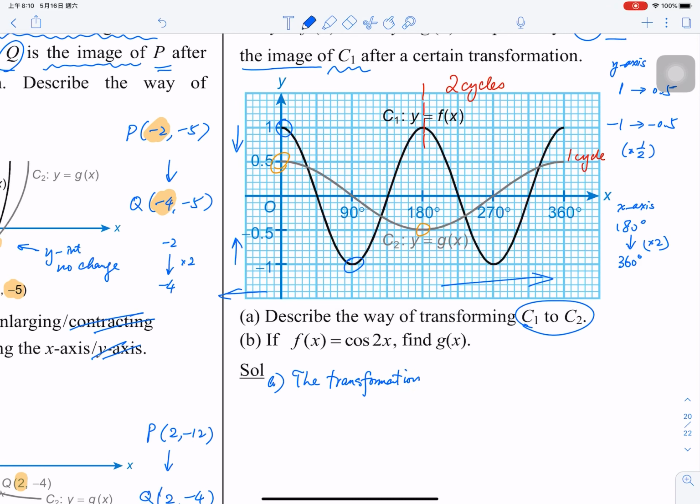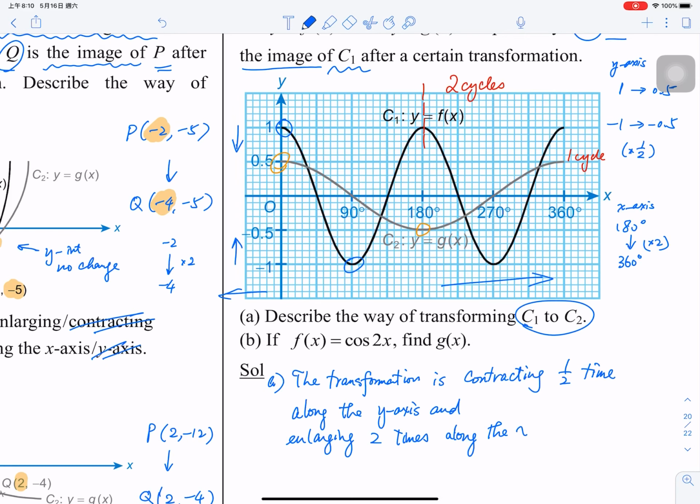So the transformation is contracting 1/2 time along the y-axis and enlarging 2 times along the x-axis.